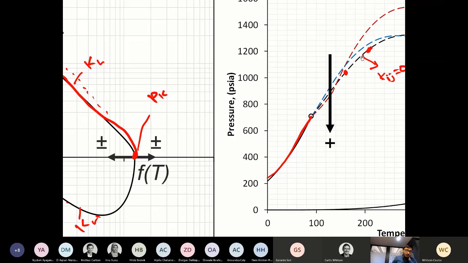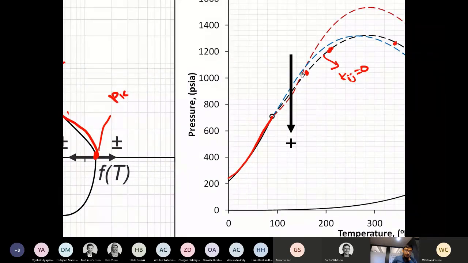And if we go higher in temperature, then it changes sign. Now it's moving to the right of the zero binary interaction parameter. That's the reference line for us, the black dotted line. So now it's moving to the right hand side.